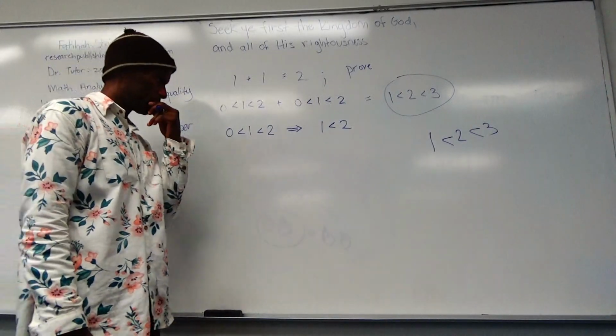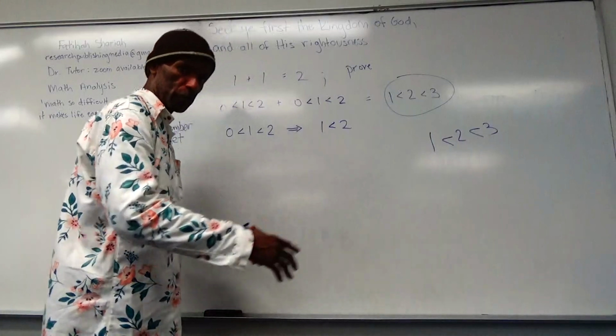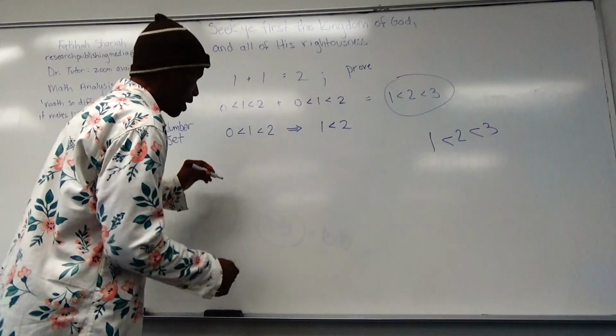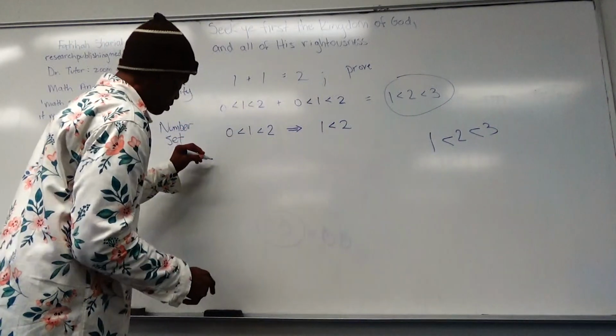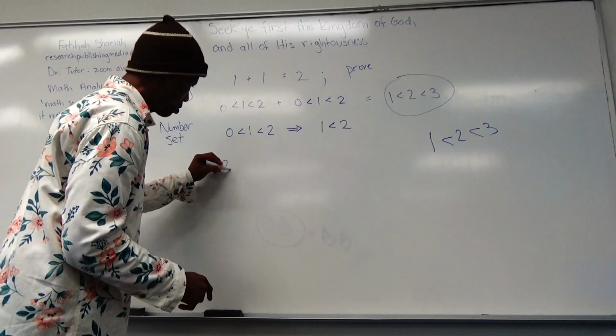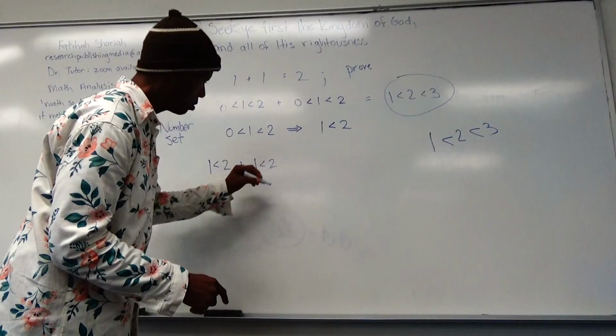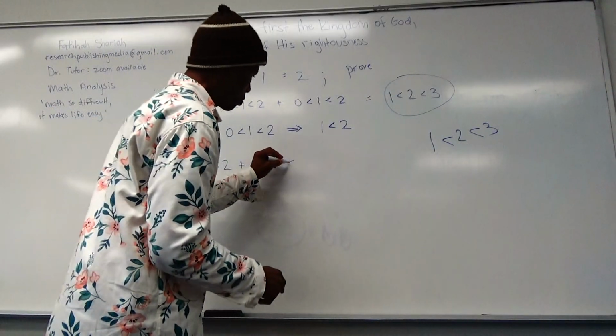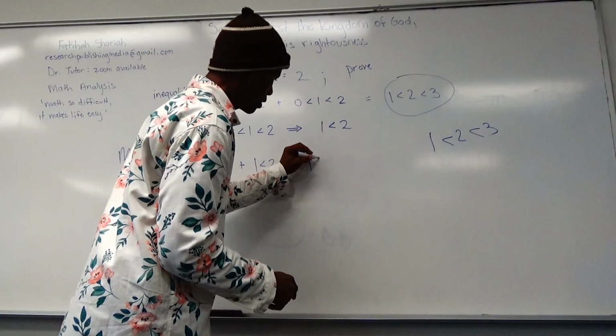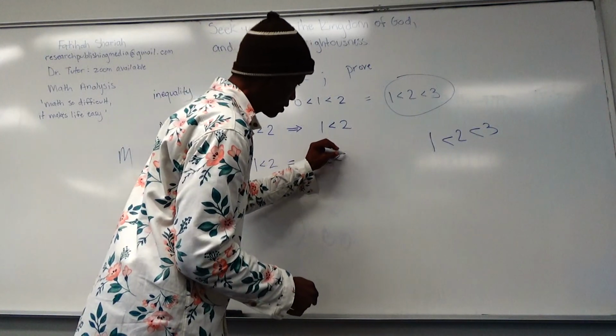That's powerful. So how do we do it? We came down to, so now we say that 1 less than 2 plus 1 less than 2 is equal to 1 less than 2 less than 3.